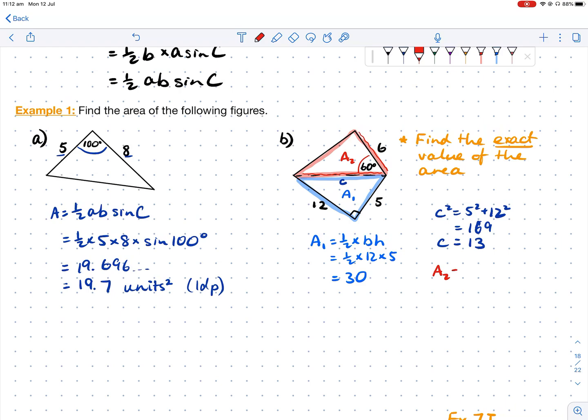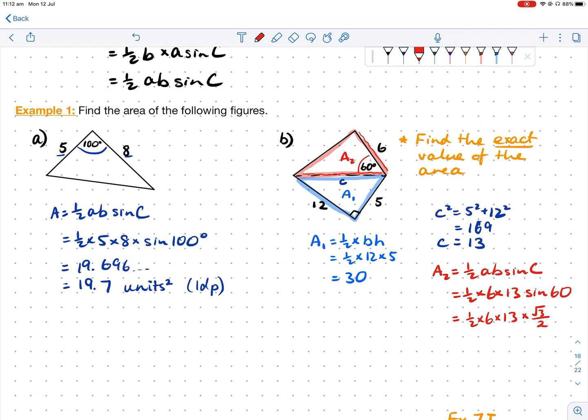Following the formula, half AB sine C, A2 is half times 6 times 13 times sine of 60. Remember we wanted the exact value. You might need to go back to your triangle, the special angles. Sine of 60 is root 3 over 2.